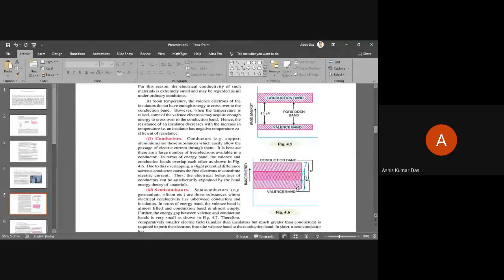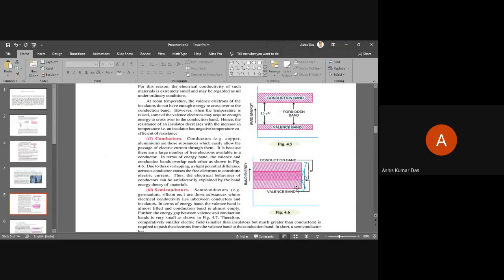When there is an overlapping of the valence band and the conduction band, the free electrons available in the valence band can easily go towards the conduction band, and we get plenty of free electrons in the conduction band.